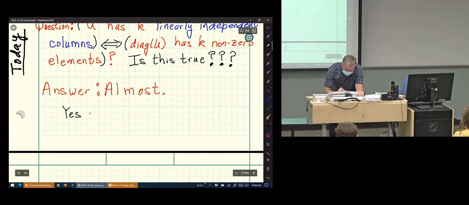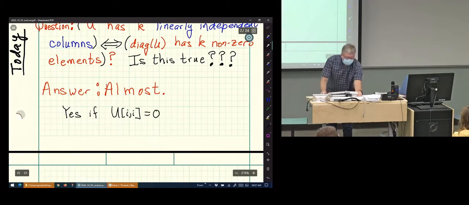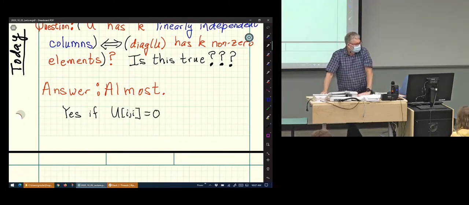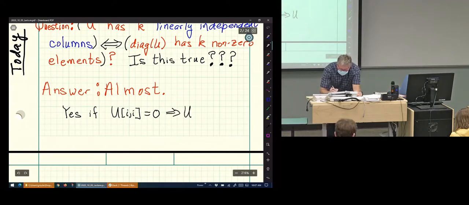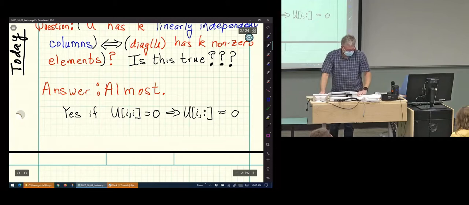So it's yes if, and I'll write it kind of in a Julia type way, that's a diagonal element of U. If this equals 0, it implies the entire row is 0. So the entire row equals the 0 vector.